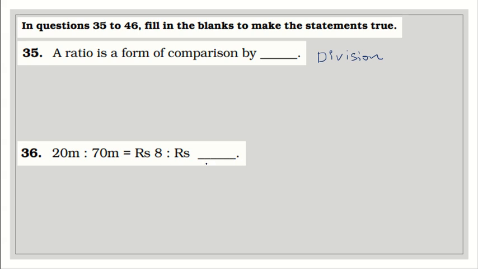So they have given us proportionality of 4 numbers. So you know product of means, that is 70 into 8, is equal to 20 into that, maybe you can assume it as rupees x. So if you want to find that, 20 has to divide this 70 into 8. So on simplification we got 28 rupees as the right answer.